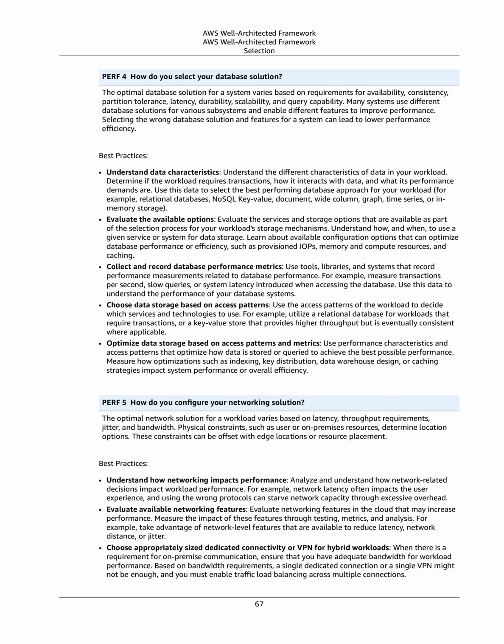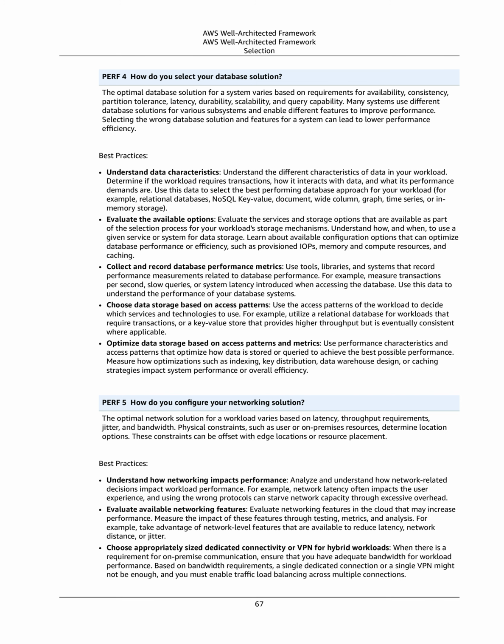Evaluate the available options. Evaluate the services and storage options that are available as part of the selection process for your workload storage mechanisms. Understand how, and when, to use a given service or system for data storage. Learn about available configuration options that can optimize database performance or efficiency, such as provisioned IOPS, memory and compute resources, and caching.